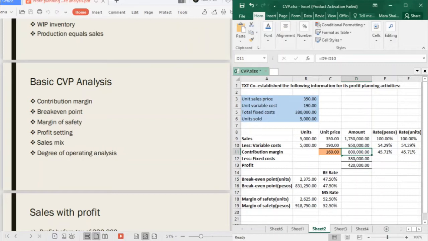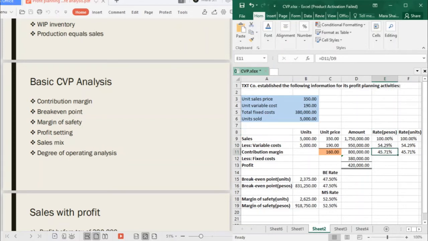So that is your contribution margin rate. And as to the variable cost rate, it is pila ka percent sa imuhang sales ang imuhang variable cost. So that is your variable cost rate. Na diri, it is stated in peso o in units.